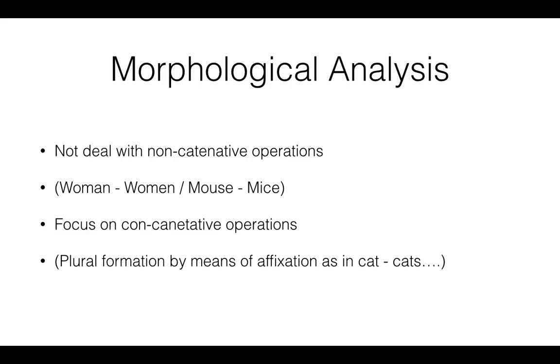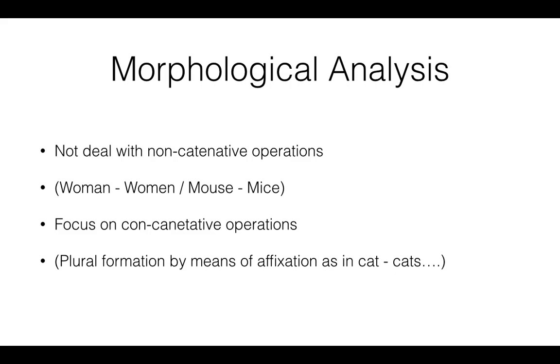Let me just say this before I go on to the next steps. In this analysis that will be introduced to you, you will have examples. This is another area which, if we have time, we can see later on: concatenative and non-concatenative operations. I'm not going to deal with non-concatenative operations.